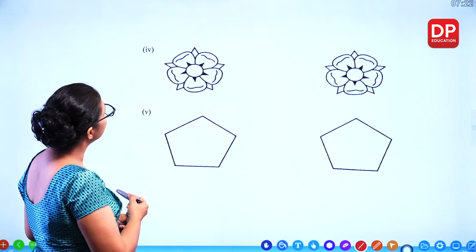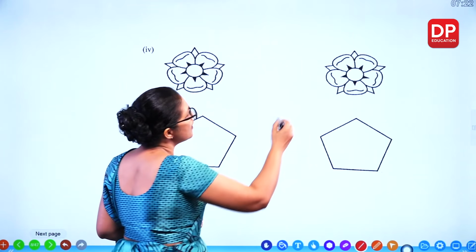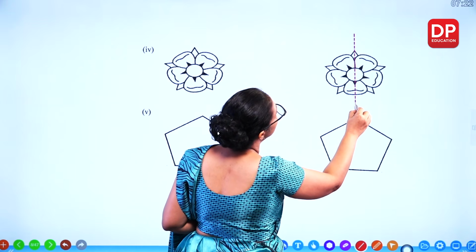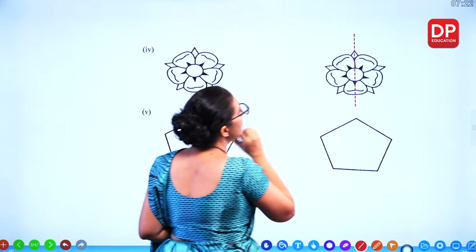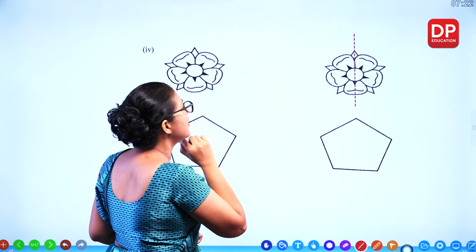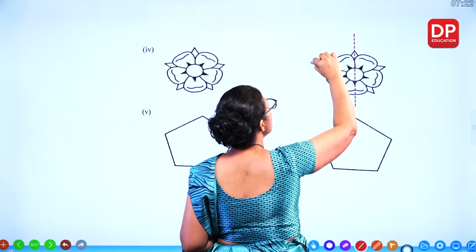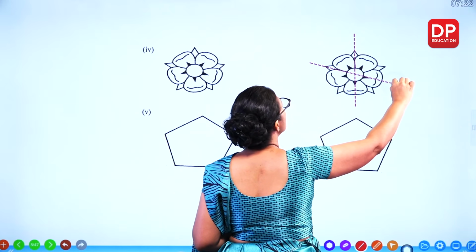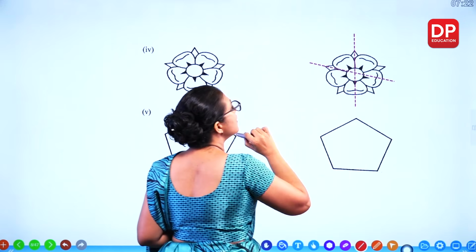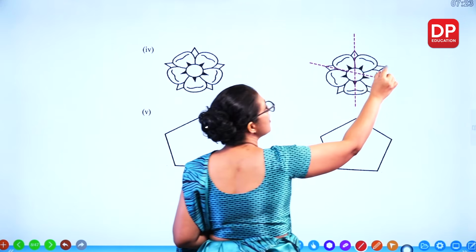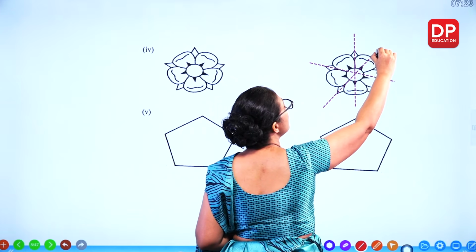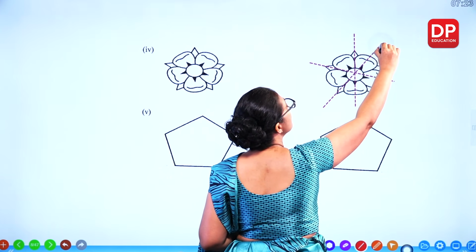This flower, we can draw a line here. And can you see this way also? It's okay. We can divide this into two parts like this. And what about this one? You can divide this way as well.